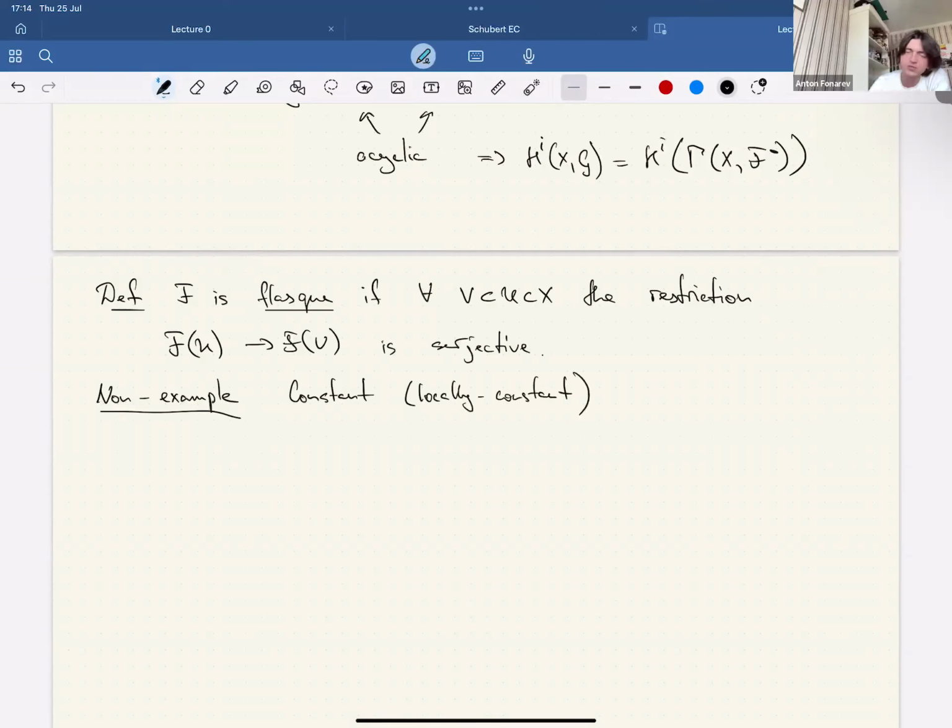So this is the sheafification of the constant presheaf, say Z underbar on, well, more or less anything, let's say on S1, with the usual topology. And this is not a flask sheaf, specifically because if I take my circle, so the whole circle will be my U, and here's my V, which will be specifically disconnected.